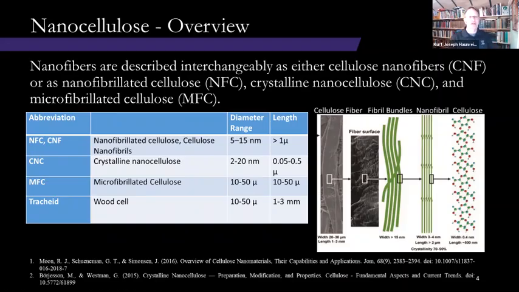All right. So nanofibers, this is one of my pet peeves in all the literature that you read. You would think that after 40 years, people would have agreed on what acronyms to use. So when you do your literature review, you'll see references to cellulose nanofibers, or CNFs. You hear me say nanofibrillated cellulose, NFCs, crystalline nanocellulose, CNCs, and then microfibrillated cellulose, MFCs.